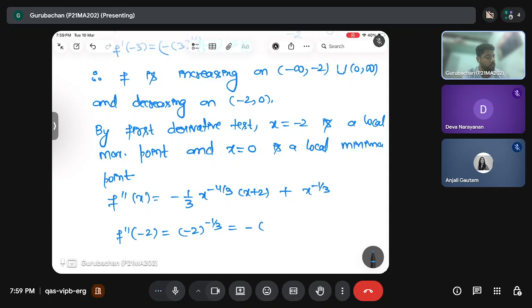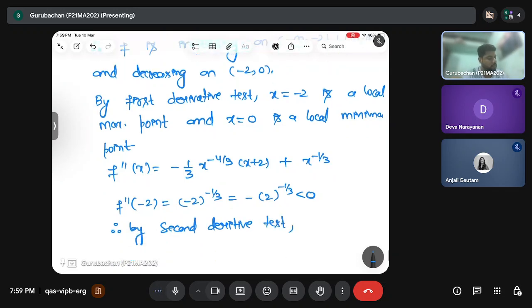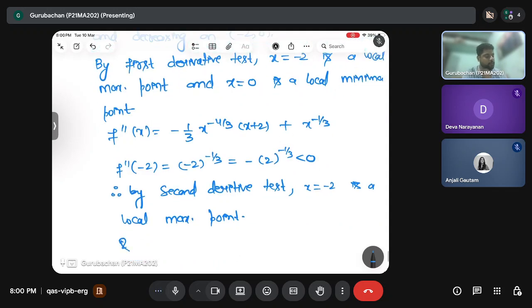Therefore, by second derivative test, x equal to minus 2 is a local maxima point, and at x equal to 0, the test fails.